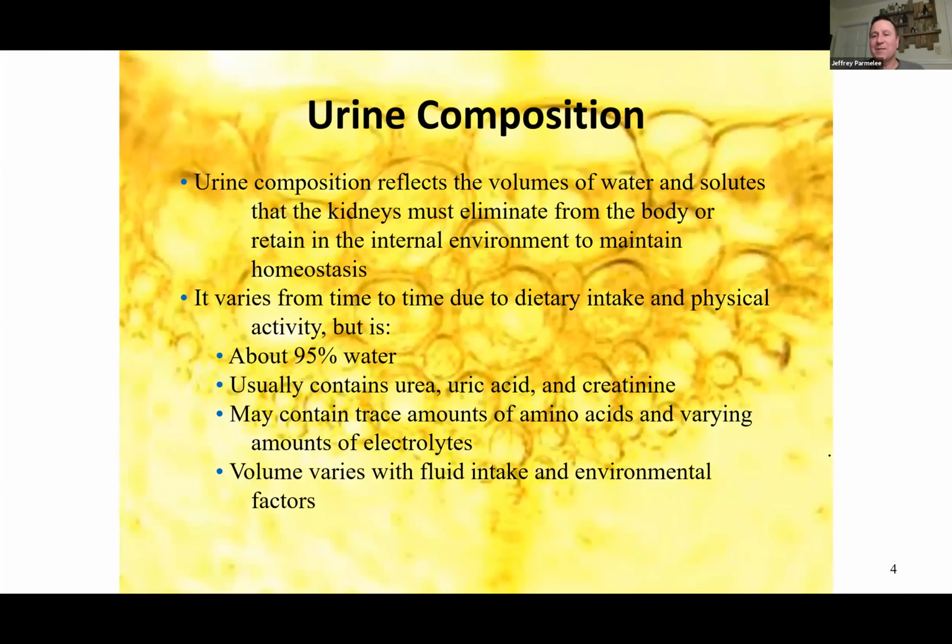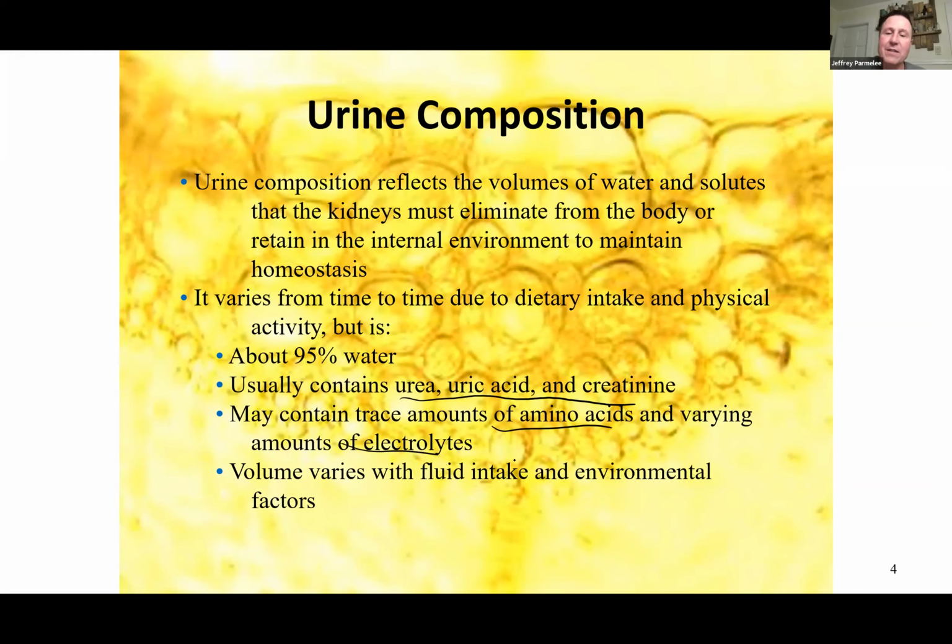All right, so what is urine? It's mostly water, 95%, right? But then, of course, you're going to be getting rid of urea, uric acid, and nitrogenous substances in your urine. That's what you're trying to get rid of, and we need water to wash it away. Usually there are going to be some amino acids and proteins, although not too many, hopefully.